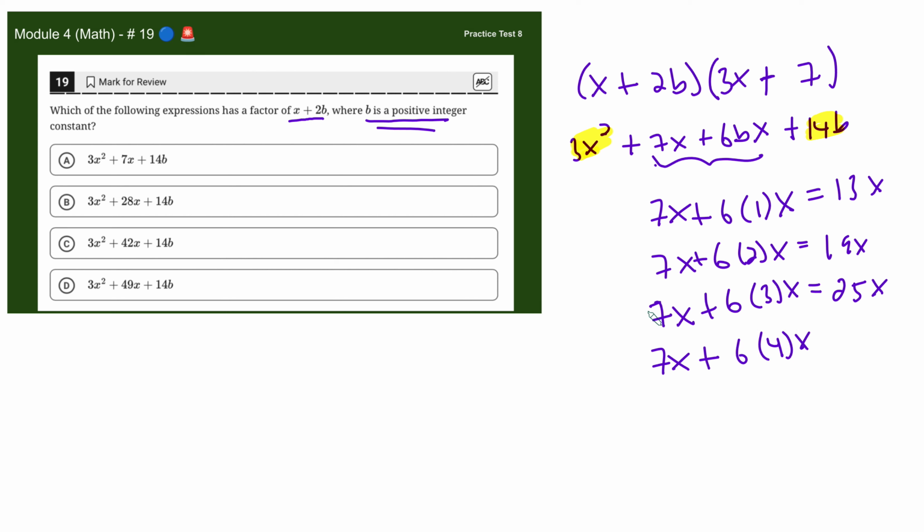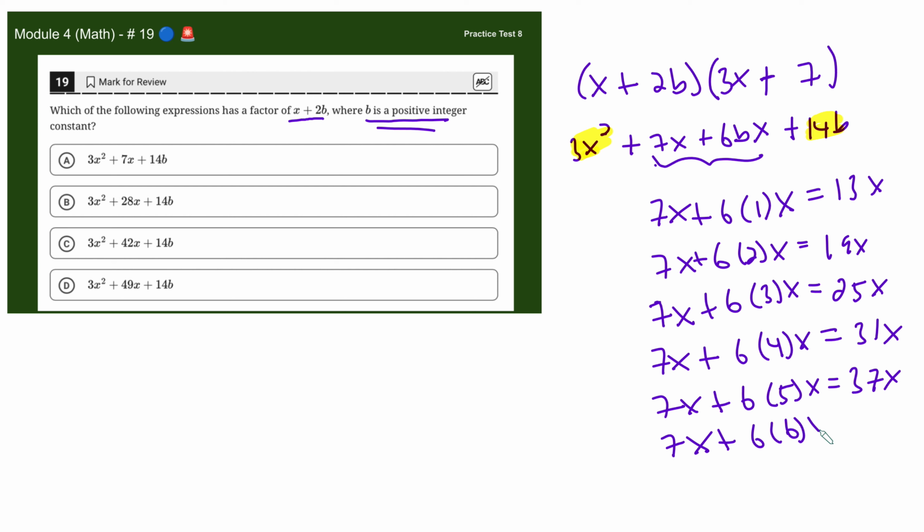Okay, so that's now 24 plus 7. 24 plus 7 is 31x. Okay, what about 7x plus 6 times 5x? Well, that's 30, right? 6 times 5 is 30, plus 7 is 37x. Nope. 7x plus 6 times 6x. Okay, so that's 36 plus 7, which is 43. Nope.